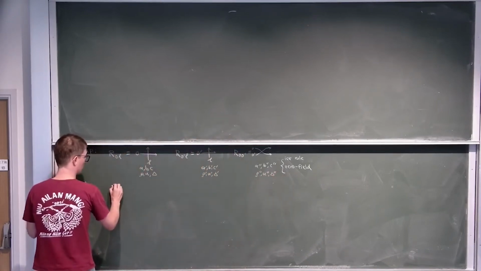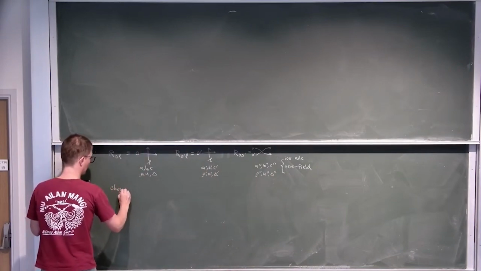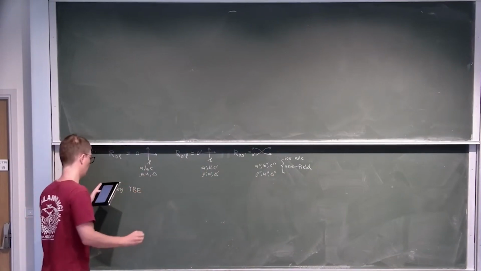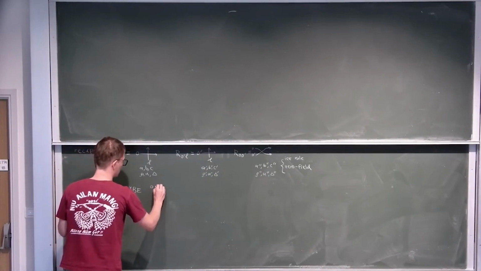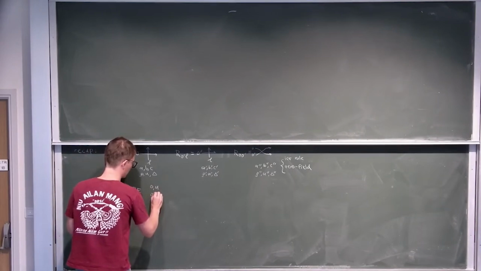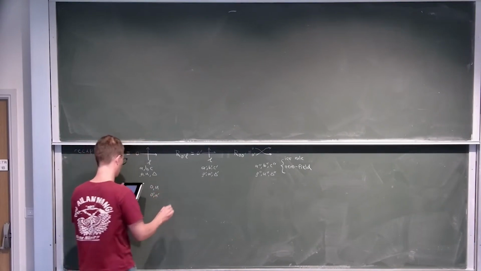And we checked that this obeyed the Baxter equation, which graphically looks as follows. You have an auxiliary space 0 with a parameter u attached to it, an auxiliary space 0 prime and a parameter u prime.